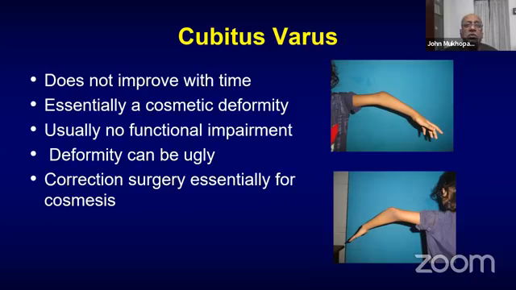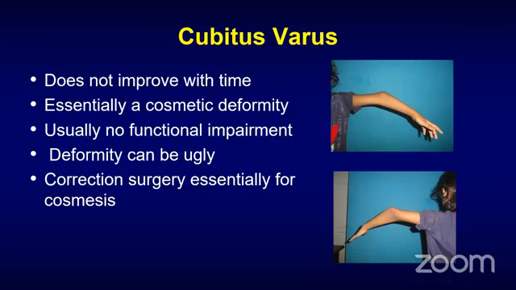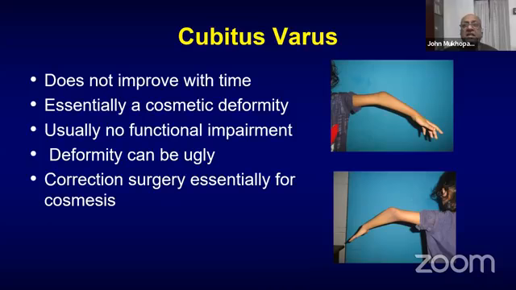But usually they get back movement, but the deformity can be ugly. So when you're doing your correction, it is essentially for cosmesis. Therefore, if you're doing surgery, it's important that you try and get back a good form. That means the elbow should look good at the end of it, and you should not just do a partial correction, which still looks like it's in varus.